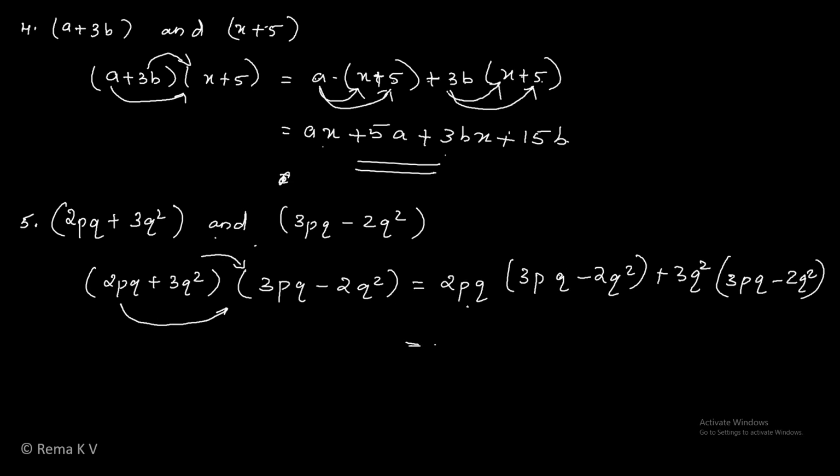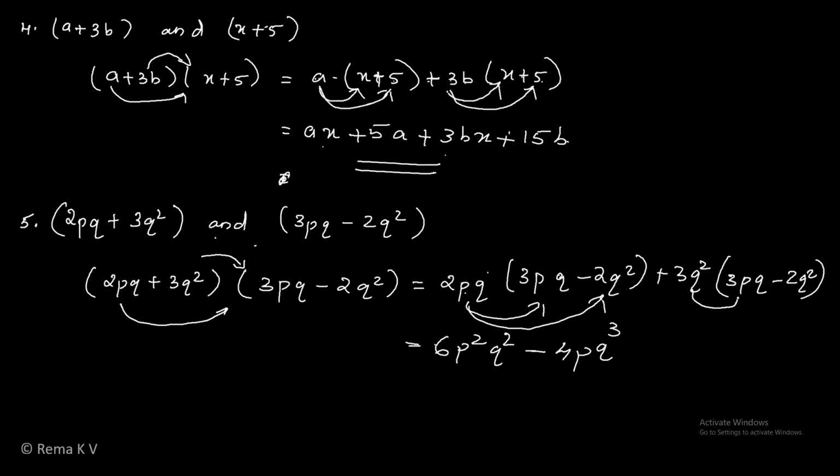So let us multiply these two. Let us multiply the numerical coefficients here: 2 into 3 is 6. p into p, p square. q into q, it is q square. Now the next is multiplying these two. Minus sign here. 2 into 2, it is 4. p only one time in these two terms. q raised to 1 into q square, so total q cube.